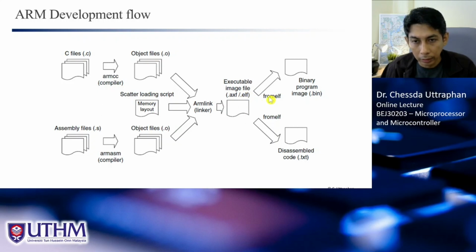All right, so this one, the binary image file, or .bin file, and also another file is called the disassemble file, where this is not executed by the microprocessor, but this is for the programmer to see, or as a reference for the programmer. Okay, so that is the flow.